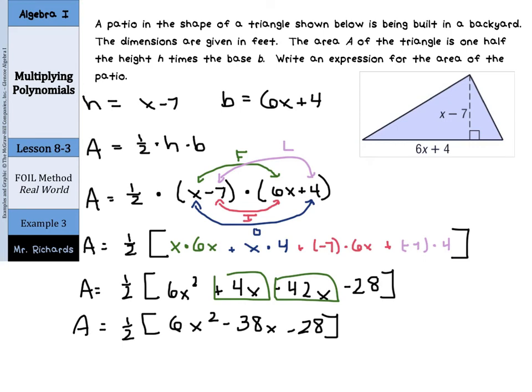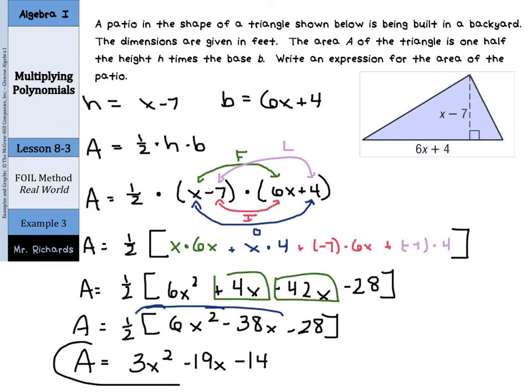Now lastly, we have our 1/2, and what we're going to do is take the 1/2 and multiply it by each term in our bracket. So area is going to equal 3x squared minus 19x minus 14. And that is the expression for our area of the patio.